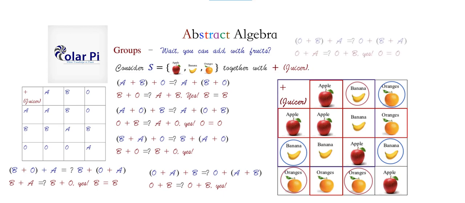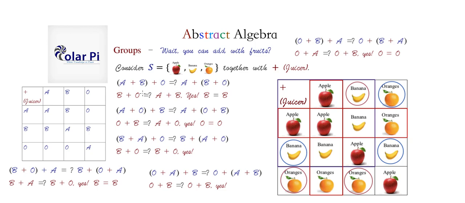You can check the associative property in each of the cases I've displayed carefully on your own time if you'd like, but we can look at one of them. Why don't we look at this very first one? Here we're checking if (A plus B) plus O is the same as A plus (B plus O), done first.